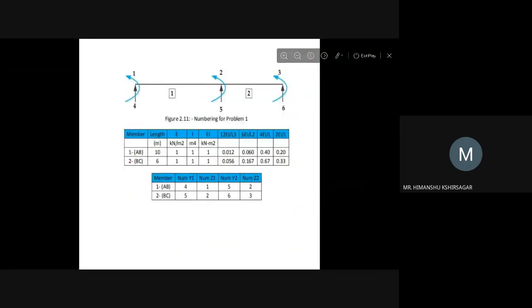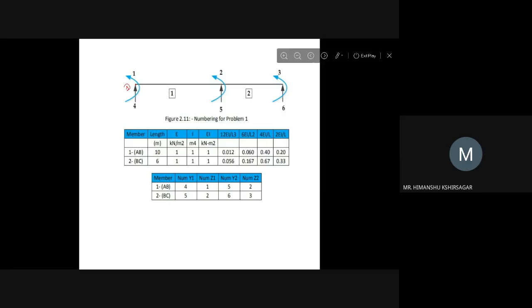Only this 4 5 6 I have shown in the downward of this member, so don't be confused here. 1 2 3 and 4 5 6. So this is the numbering, or we can say it is a skeleton diagram.